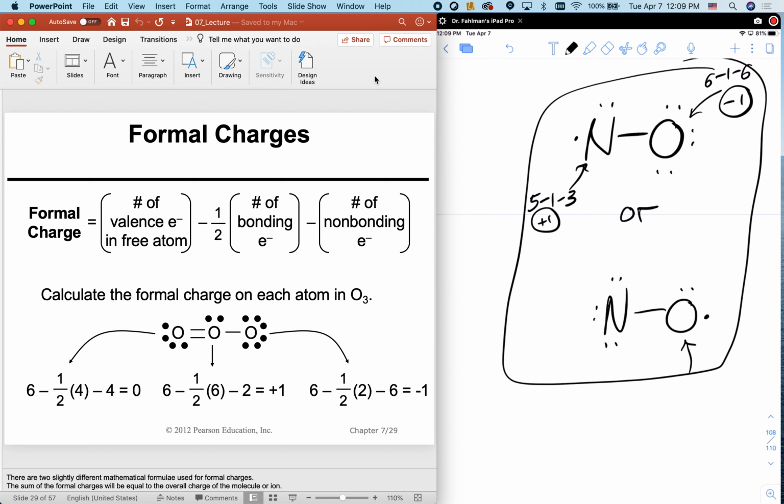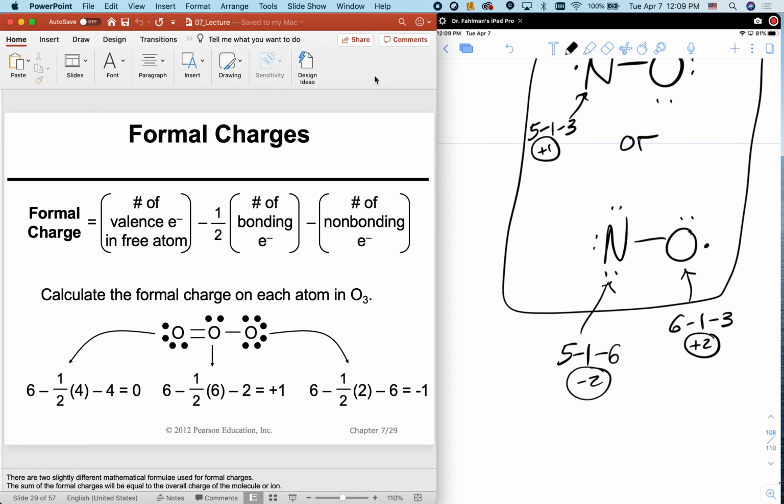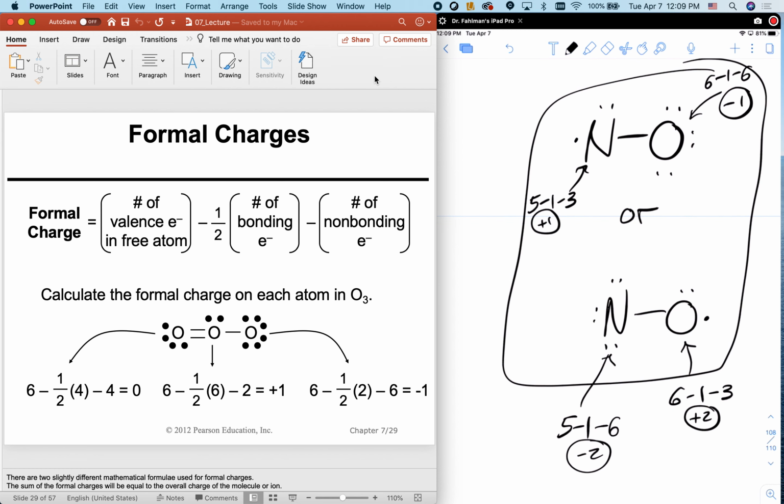In this other case, the oxygen here is going to be 6 minus 1 bond, and then you've got 1, 2, 3 dots, so that's a plus 2. This nitrogen here is going to be 5 minus 1, and then 1, 2, 3, 4, 5, 6, so that's a minus 2.